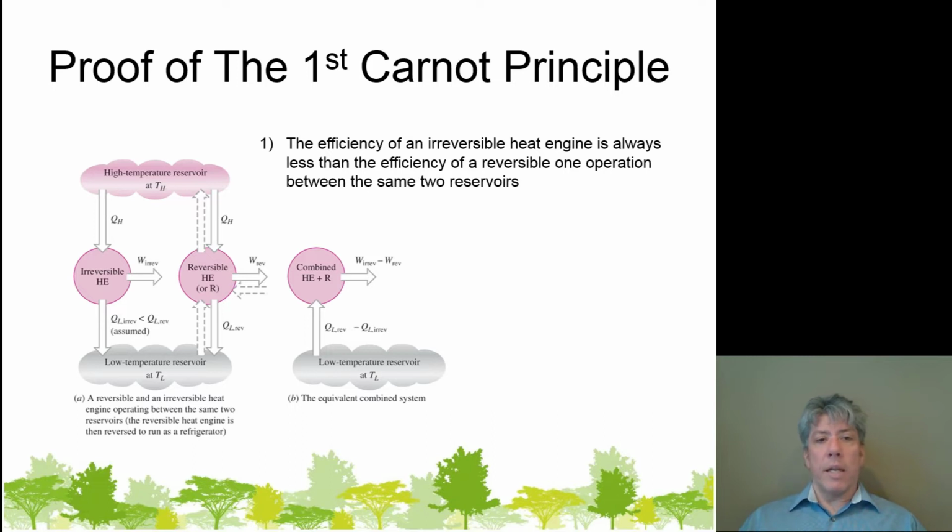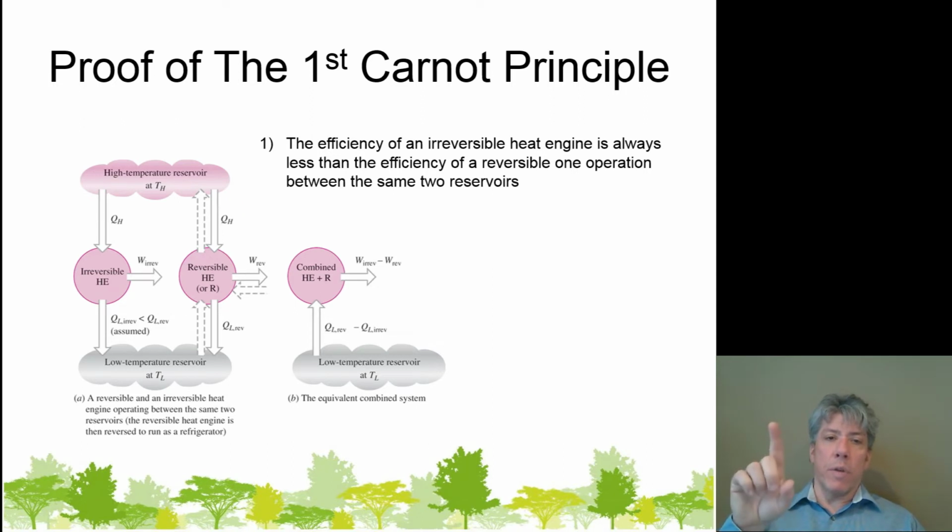And if you think about it, if our assumption's correct and we could do better than reversibility, then the amount of work produced by the irreversible heat engine will be more than the work consumed by the reversible heat engine. So we'd have a net amount of work coming out of the combination of the two.